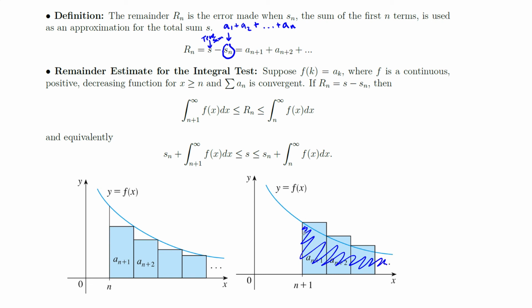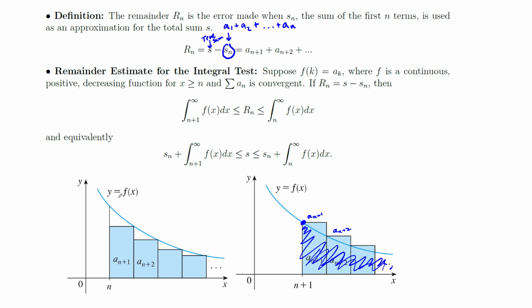But a rectangle that goes up to this particular height to represent the term a_(n+1), and this represents a_(n+2), they're going to go up to the height determined by this function, and then there's going to be some sticking up on top and sticking up on top. And so you know that your remainder is definitely going to be bigger than this integral.